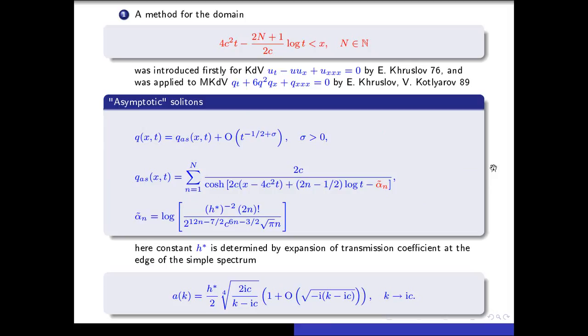Asymptotics in the domain above the region in which we are interested was studied by Khruslov and Kotlyarov.